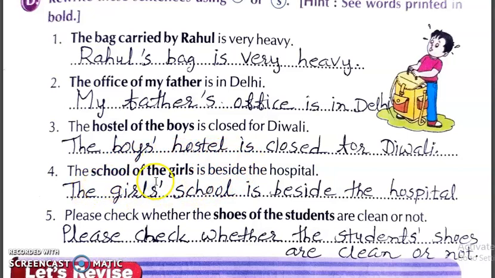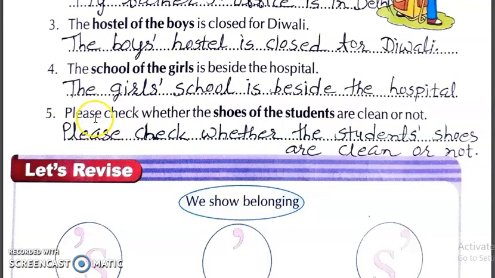The school of the girls is beside the hospital. Again you have to see it. The girls, plural, are there. So after the word girls we will put only the apostrophe sign. The girls' school. And please check whether the shoes of the students are clean or not. So the bold letters are shoes of the students.